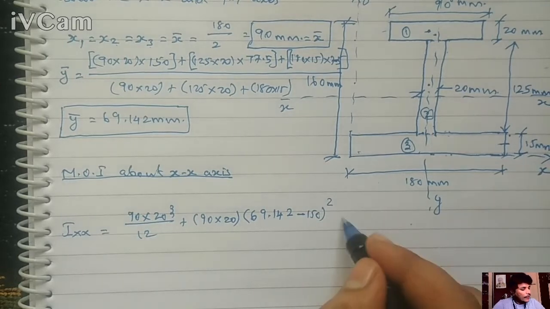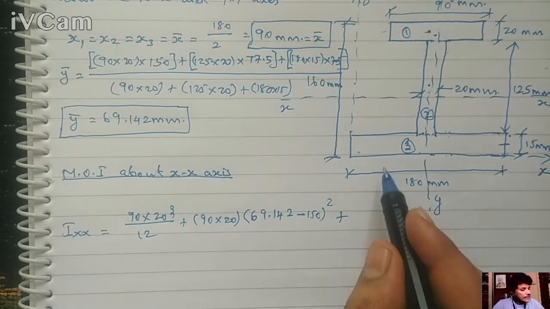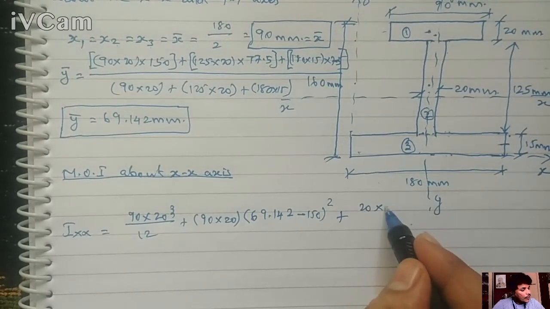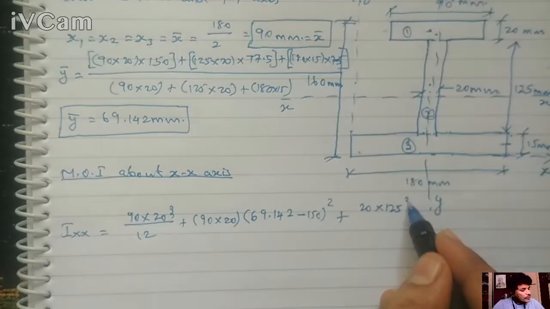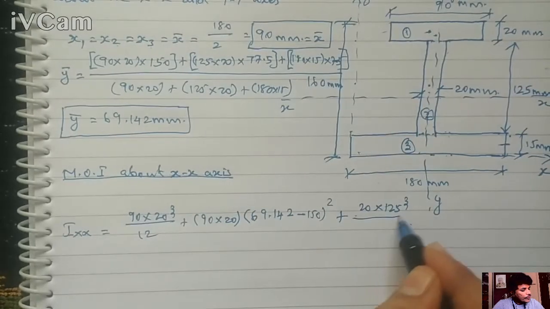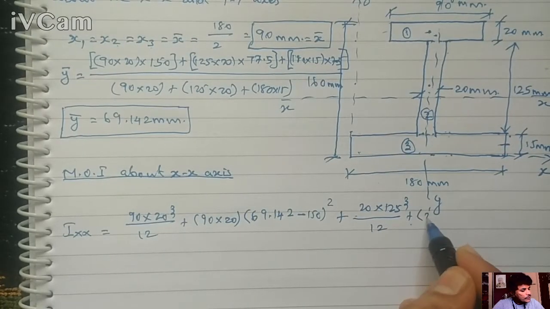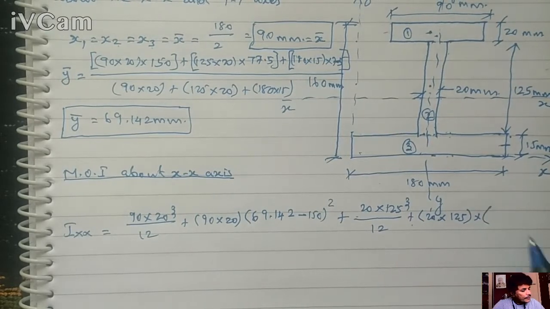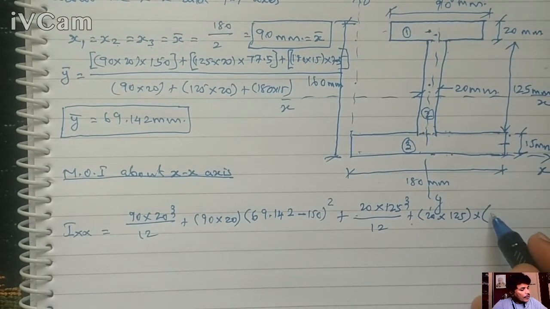Plus second section, B2 D2 cube divided by 12, 20 by 125 cube divided by 12, plus 20 into 125 into H2 bar square.